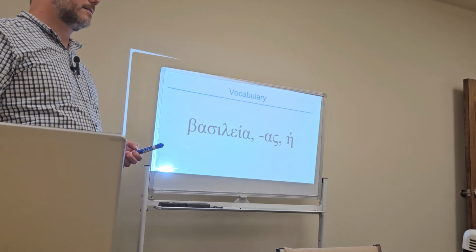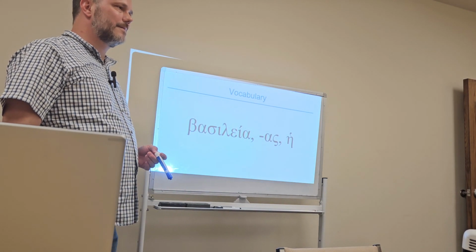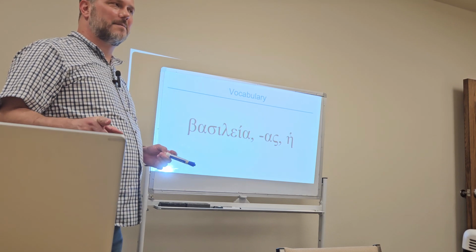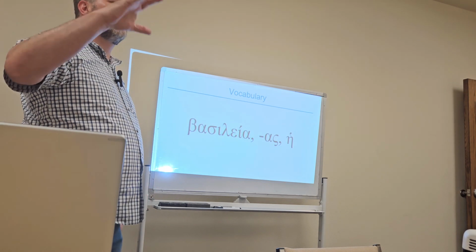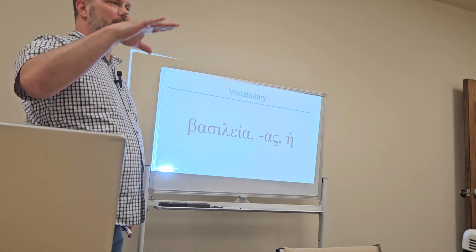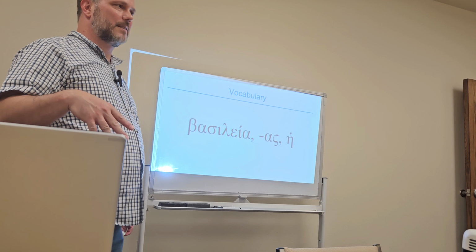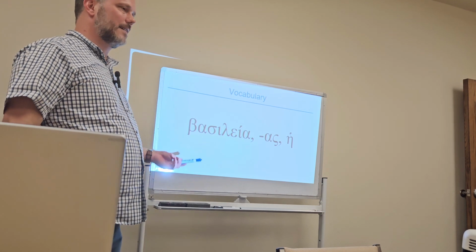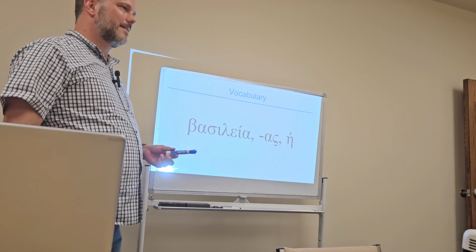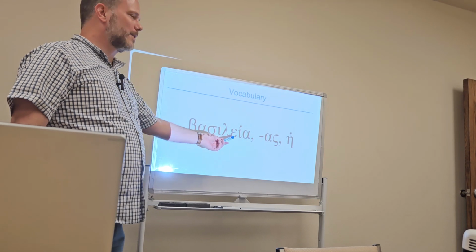What does it mean? Kingdom. King. Well, kingdom. Yeah. Do you remember the one where if it ends in that, what would we call it? The vocabulary word we have this week. If it's feminine, it means one thing, and if it's masculine, it means another. And basileus is king, basileia is kingdom. Yeah. And an interesting thing, this word's in English.